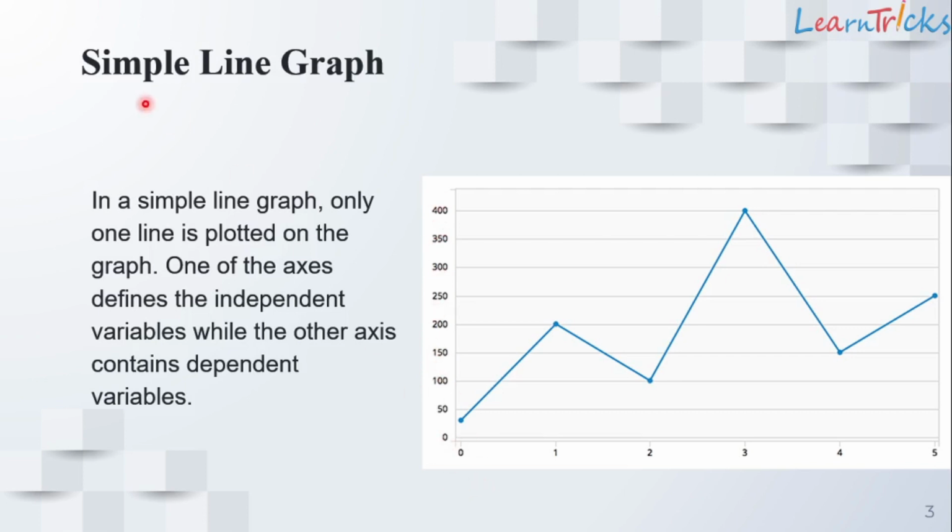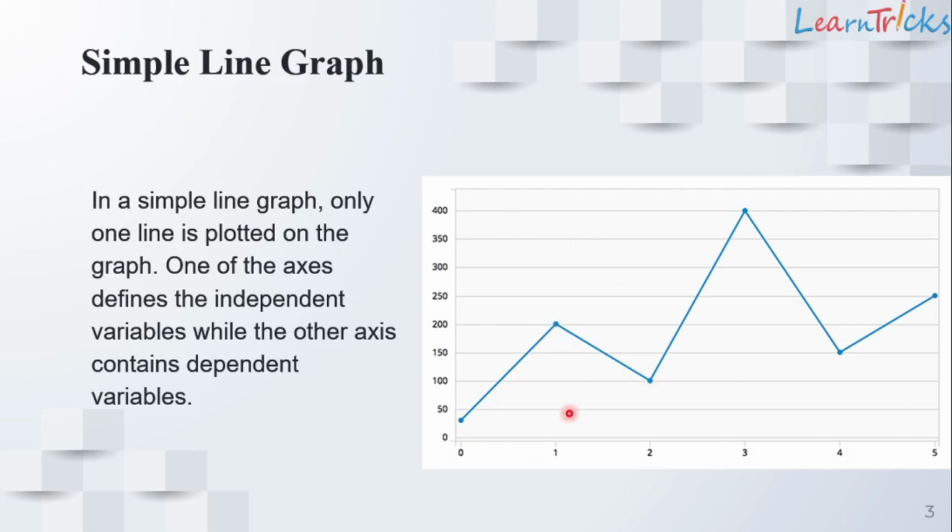As this is a simple line graph, there will be only one line that connects all the points we have plotted using the x and y coordinates. That line will join all the points, and depending upon the relationship between x and y, it will ascend or descend.